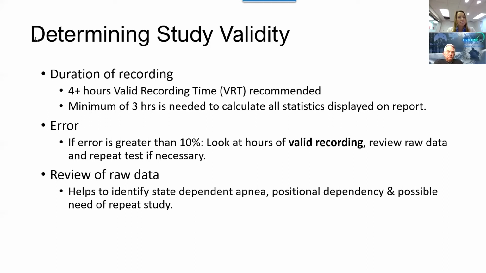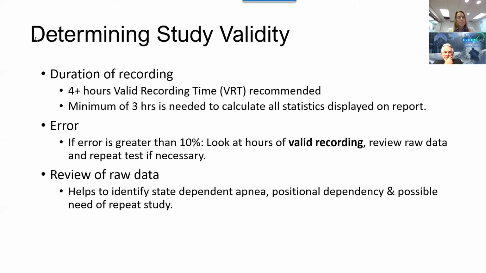At minimum, you want to have at least 3 hours to make sure that all of the statistics are calculated. The baseline drift, for example, needs at least 3 hours to be reported on. So you will see a flag on our report if the valid recording time is less than 3 hours, just so that you know.